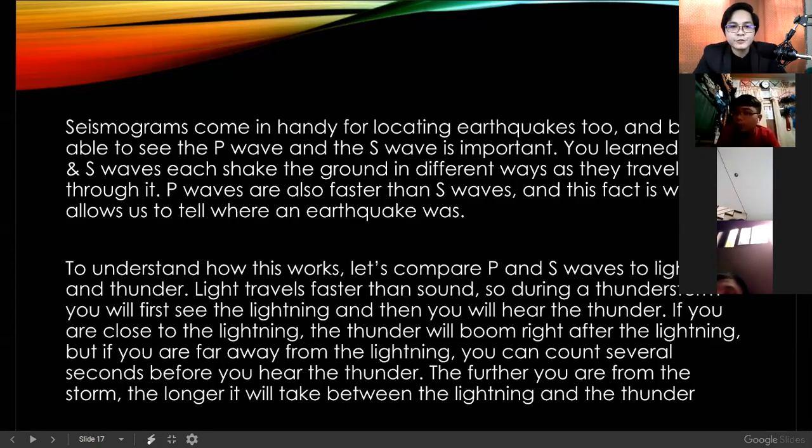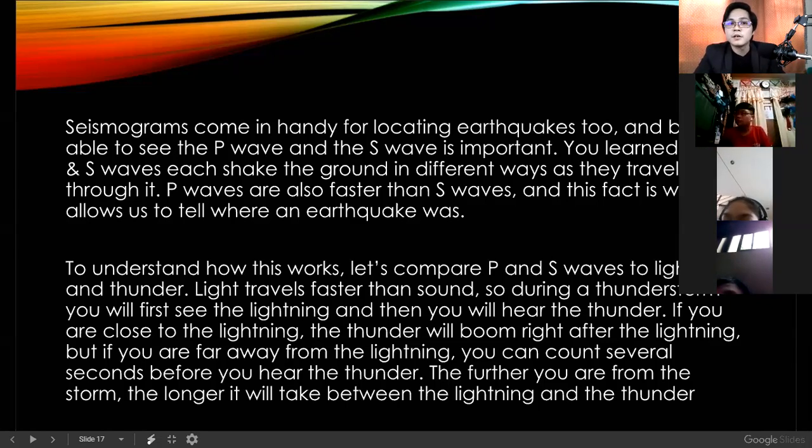Correct. Light travels faster than sound. That is why you see the light first, followed after a few seconds by thunder. During a thunderstorm, you will see the lightning first and then hear the thunder. They are actually happening simultaneously, but light travels faster than sound, so sound is left behind.